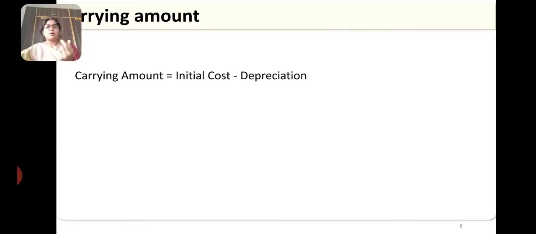So, 1 lakh minus 10,000, which is 90,000, is considered as the carrying amount. For example, for the next year, already in the first year I have charged 10,000, next year when I again charge 10,000, then the accumulated depreciation becomes 20,000. So, the carrying amount at the end of the second year would be 1 lakh minus 20,000, which will be 80,000.